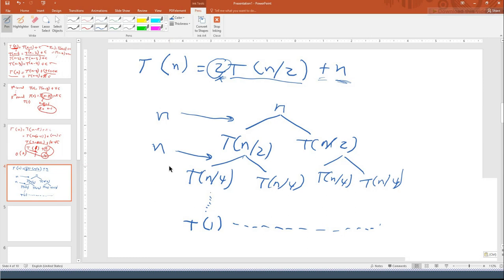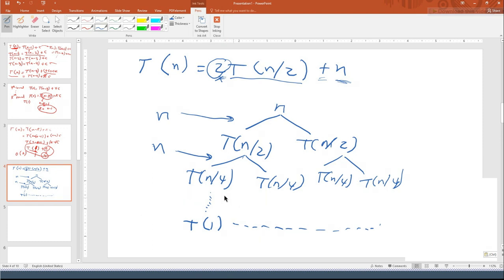We reach 1, and you might continue dividing n by 4 and then n by 8, because every time you divide the number by 2.